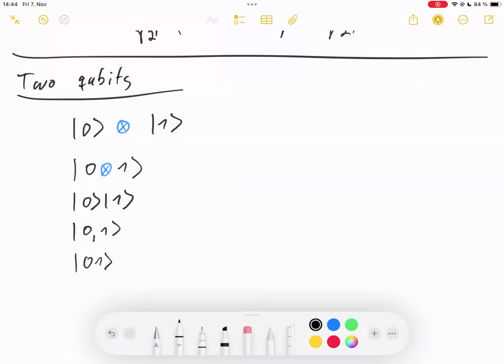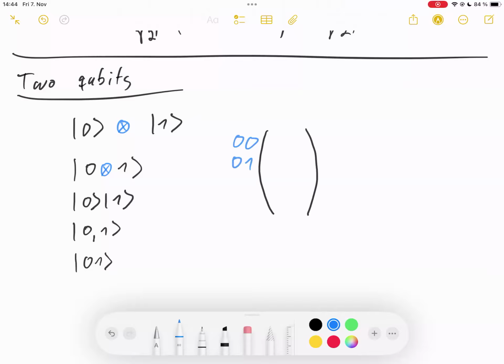And I could write this again also as a vector if I wish. And this vector would have four entries because we have a two entry system and a two entry system, or a two position system and a two position system. So the aggregate system would be four positions. And I'm adding some comments. So the first entry would represent 0, 0.